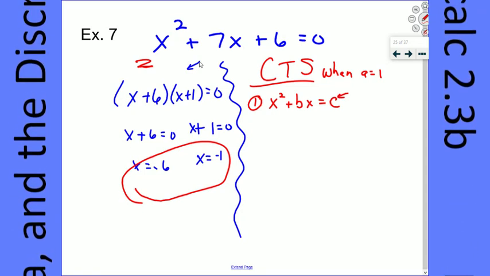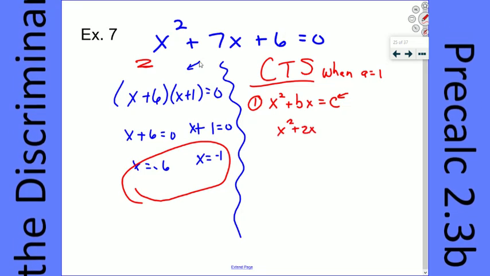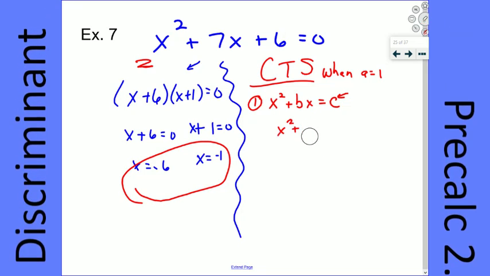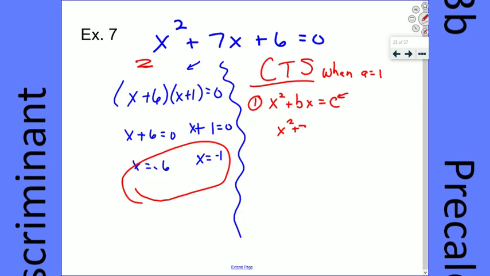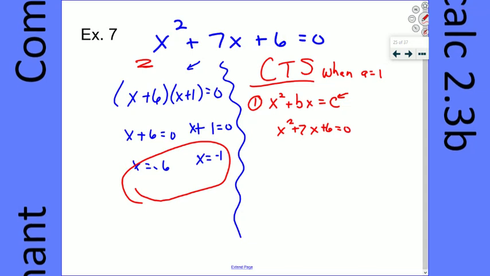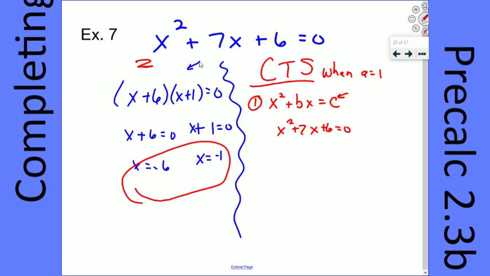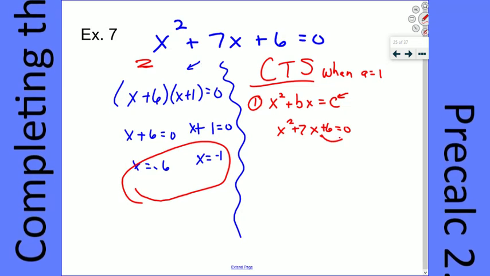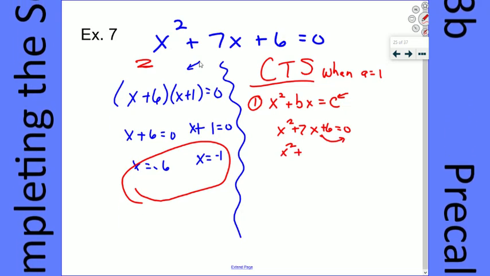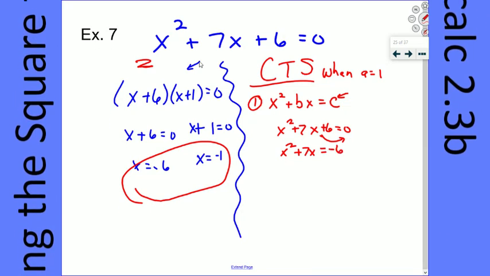So let's go ahead. We'll start with x squared plus 7x plus 6 equals 0, and we want to get it to be x squared plus bx equals c. So let's move this guy over to the other side. X squared plus 7x equals negative 6.